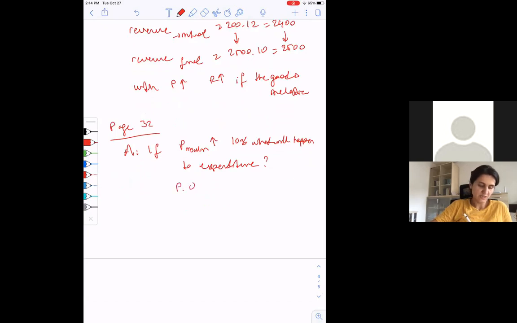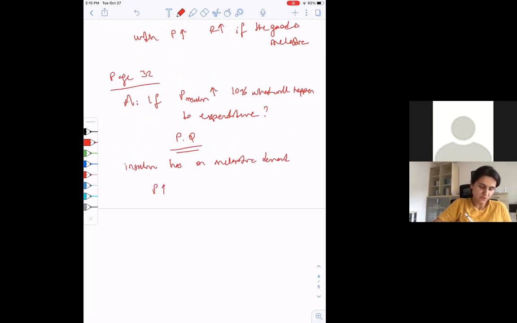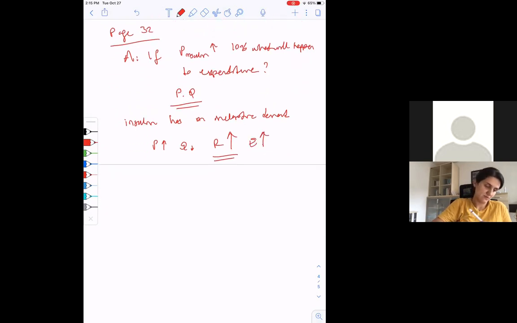Your expenditure is again P times Q. Insulin has an inelastic demand, so if there is a price increase, quantity demanded will not decrease that much. So revenue will increase, and so will expenditure. This is the answer for A.